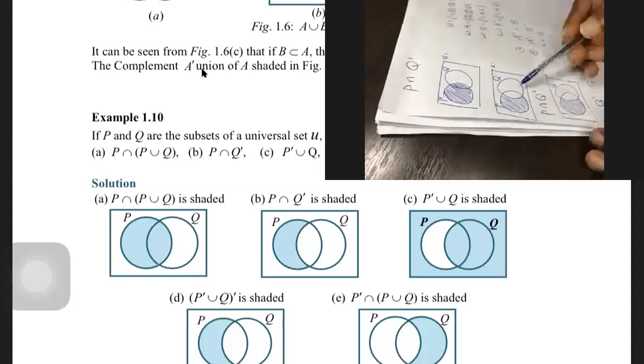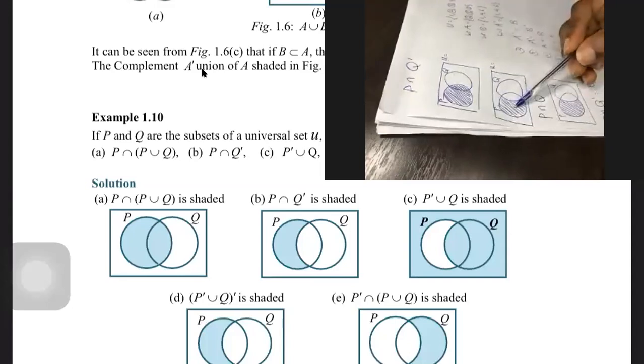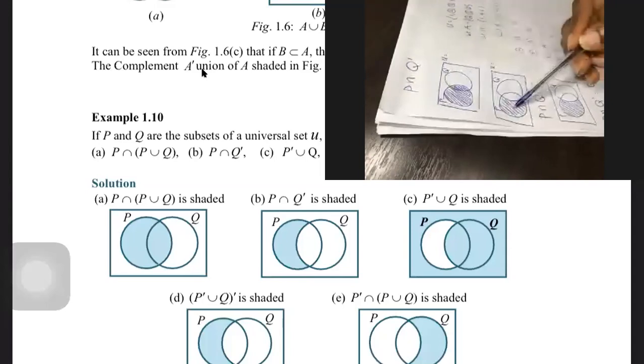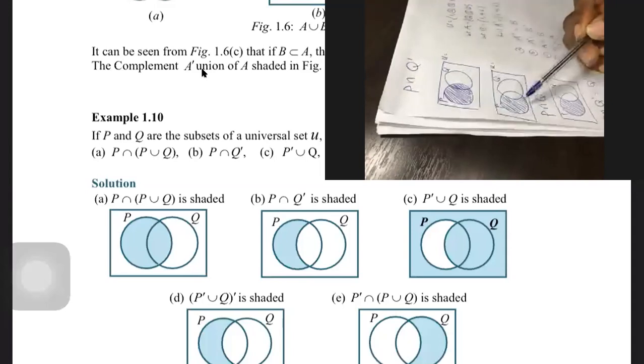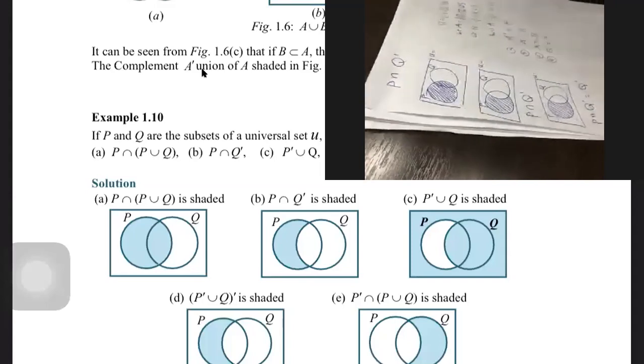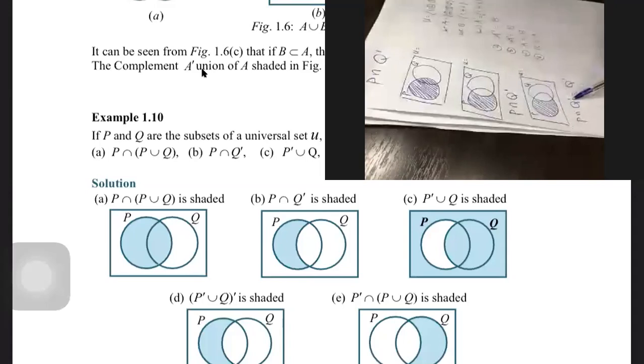Because that is Q complement, that is P. That is K complement. P intersection K complement is this part. So you can easily tell that P intersection K complement is equal to K complement.